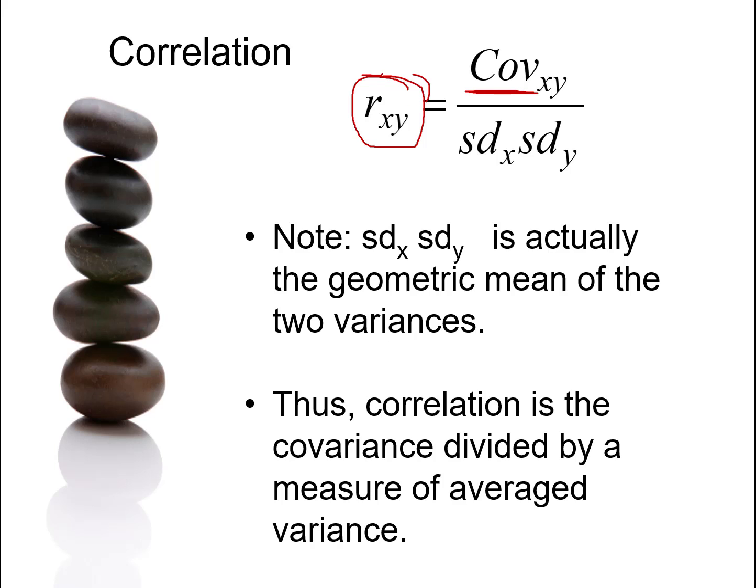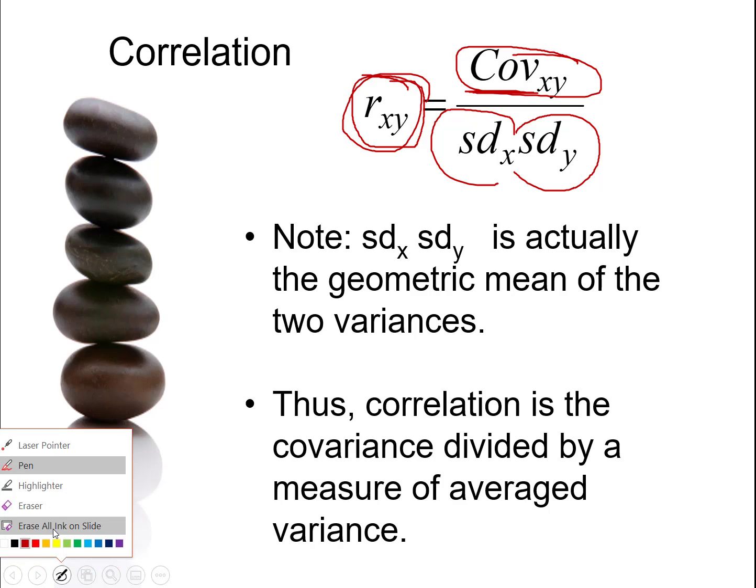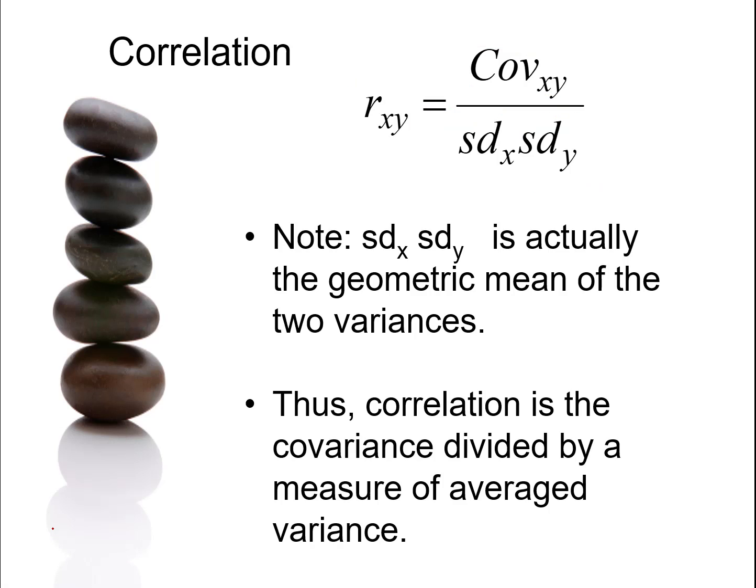So the correlation between x and y is equal to the covariance between x and y divided by the standard deviation of x times the standard deviation of y. In other words, our correlation is equal to a covariance divided by the product of our two standard deviations.